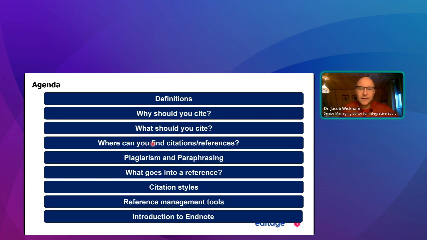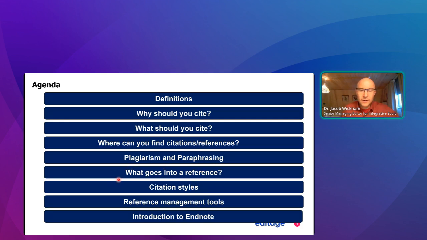So I'll teach you how to find and enter your citations. I'll give you a quick note on plagiarism and paraphrasing. This is always useful information. What constitutes plagiarism? A lot of it is accidental, or you're improperly citing your work. That can be avoided just by having good citations in your writing.